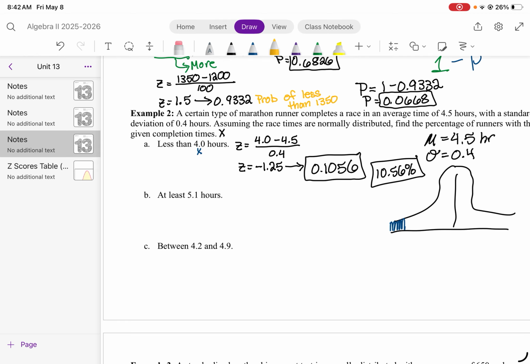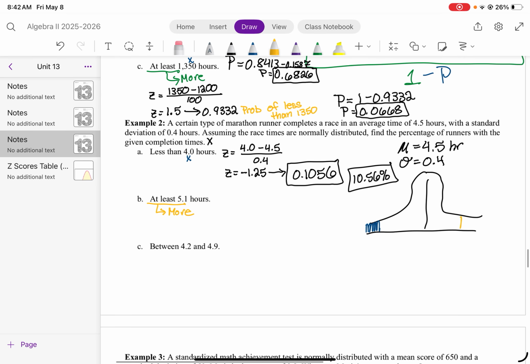For B, they want at least 5.1 hours. So this means we're looking for more than 5.1 hours. So that is going to end up being on the right side. So whenever we're looking for more than the probability, we are going to take 1 minus the probability of that up to that event. Because when we find the probability, it's giving us the less than.